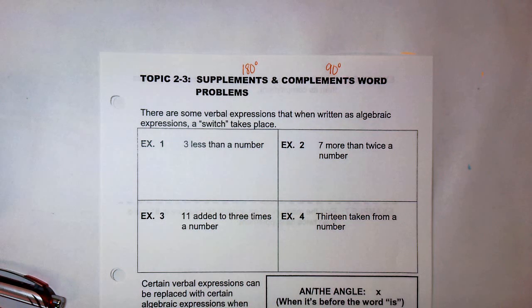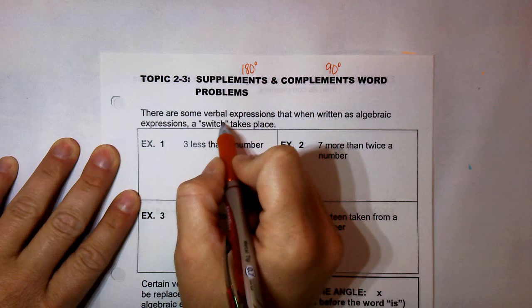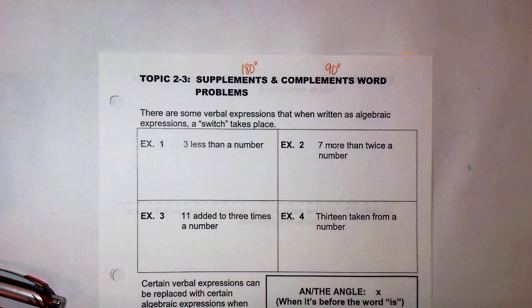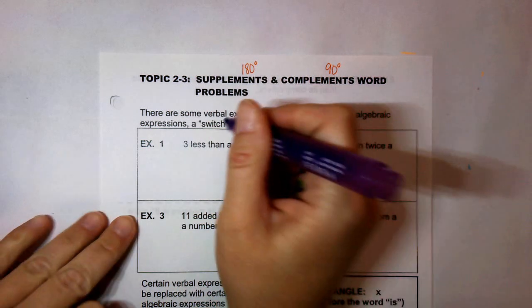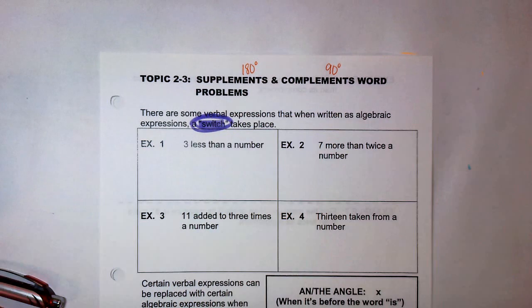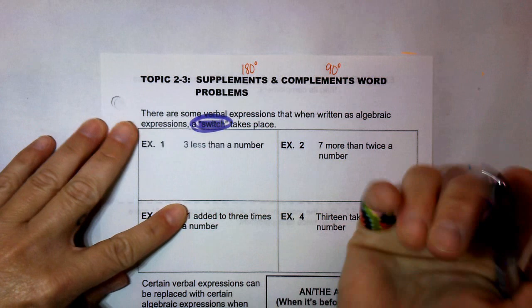Today we're going to work with word problems, so they're going to look a little bit different, okay? Not very much. It's still going to be 180 and 90. Also today, there are words that are called switching words, which mean that we're going to switch the order. Whatever's before it and after it, they're going to switch.